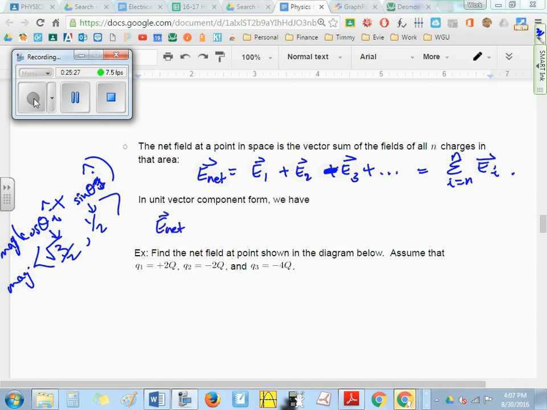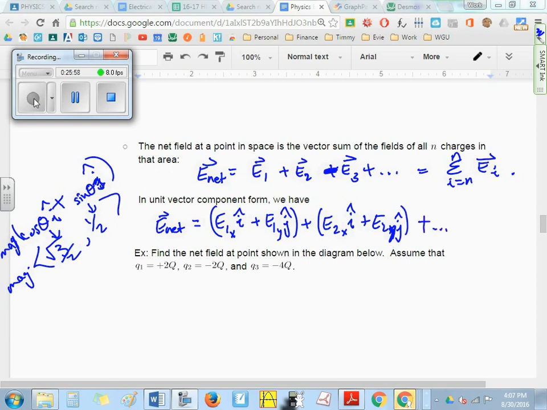The net field is going to be basically E1x times i hat plus E1y times j hat. And then next we're going to have field E2: E2x i hat plus E2y j hat, and so on.